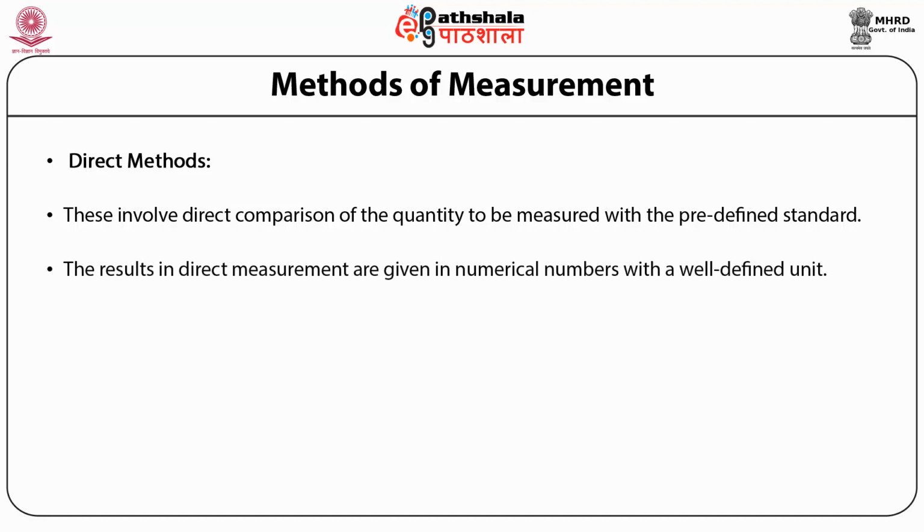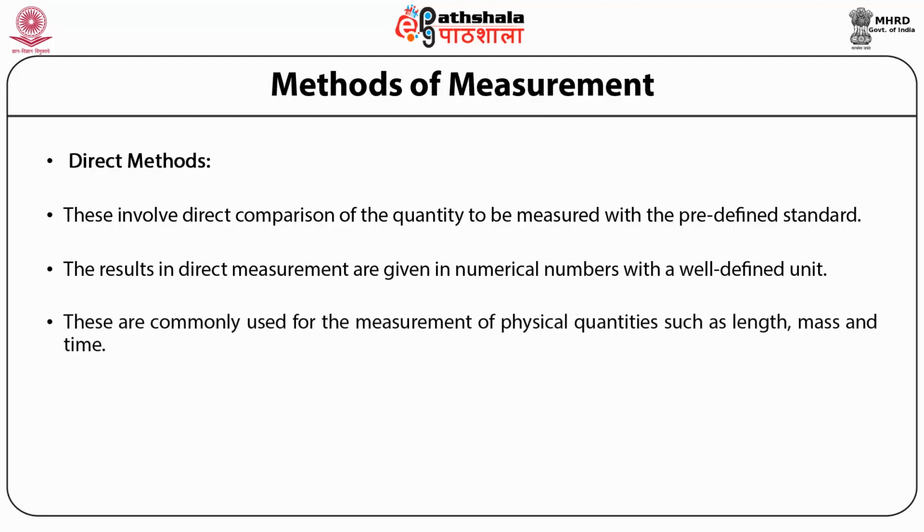The results in direct measurement are given in numerical numbers with a well-defined unit. These are commonly used for the measurement of physical quantities such as length, mass, and time.